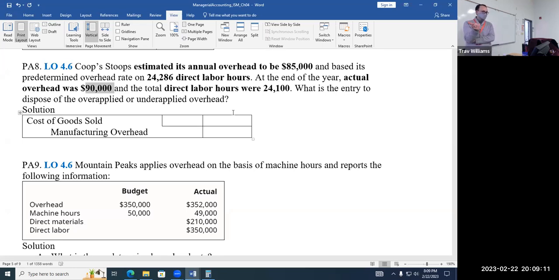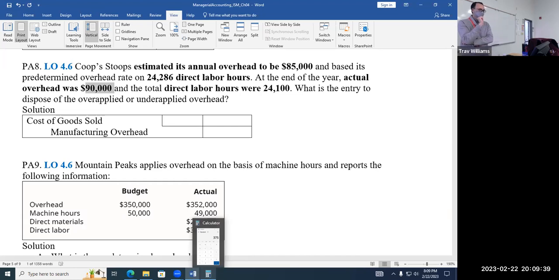That's our estimated direct labor hours. How do we get our overhead allocation rate? Divided by... I like what you're thinking. Kind of moving in the right direction here.